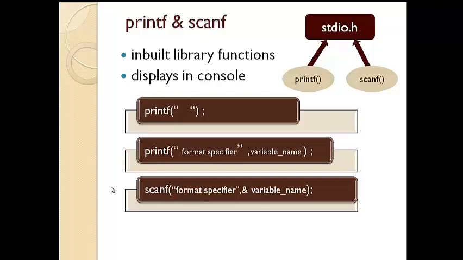So based on the data you are going to receive from the user, that specific format specifier is given in the first part, and in the second part, along with the variable name, you mention the ampersand symbol. This ampersand represents the address-of operator. Since you are going to receive the value from the user, that value will be directly stored in the address of the variable. It is because of that you mention the ampersand symbol.